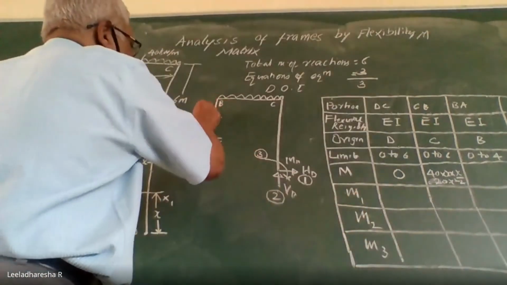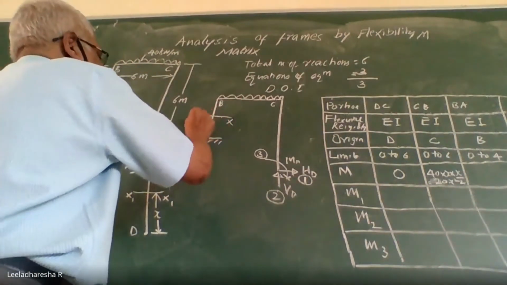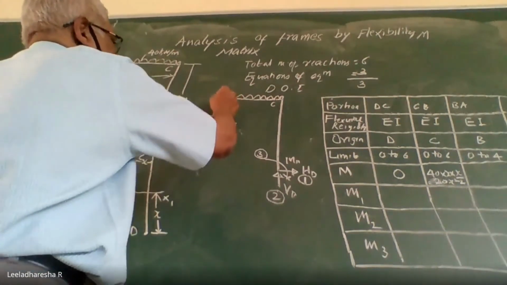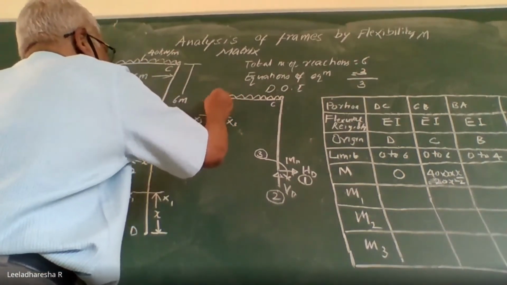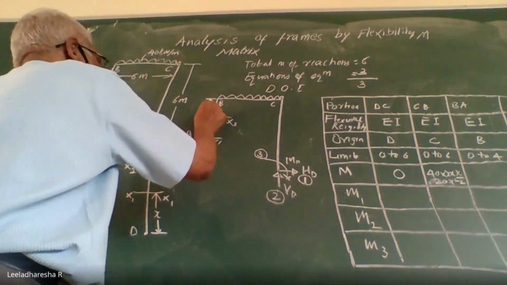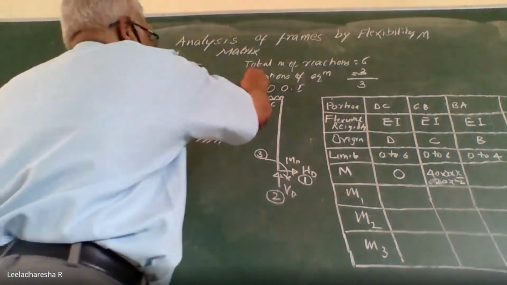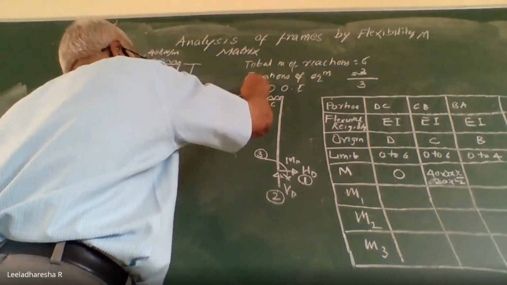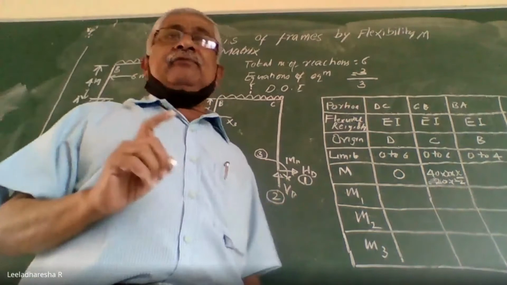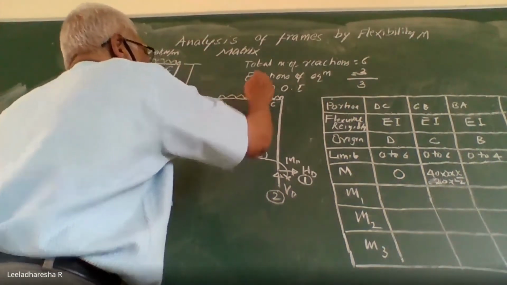Again, now consider section X3. You come to the portion BA. Consider a section anywhere in this portion BA. This section is considered at a distance of X from the origin, that is B. What is the bending moment due to external load? External load is acting, the entire 40 into 6. So, 240 kilonewton load is acting exactly at the center of the beam.